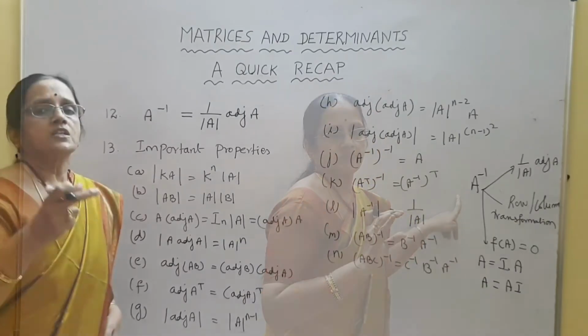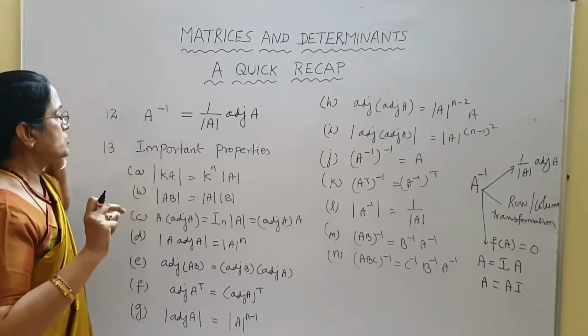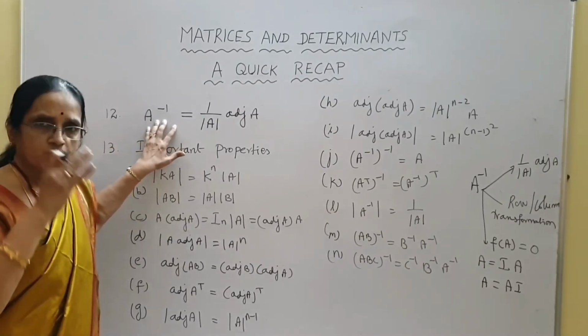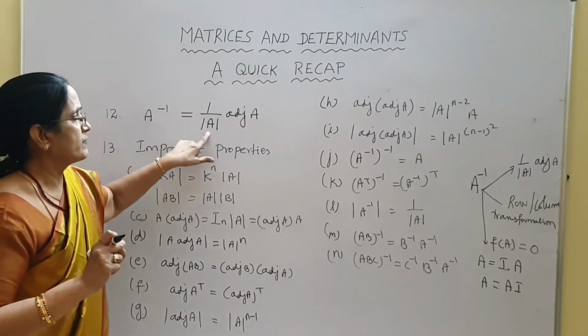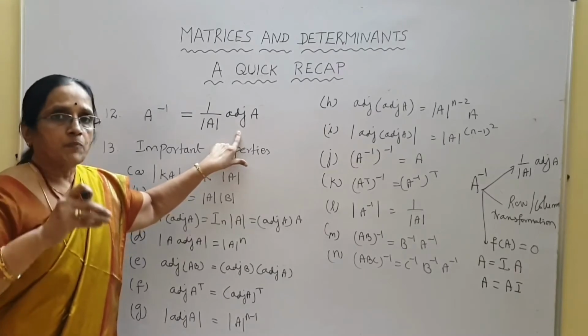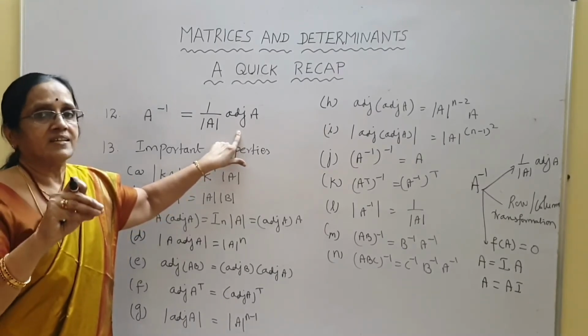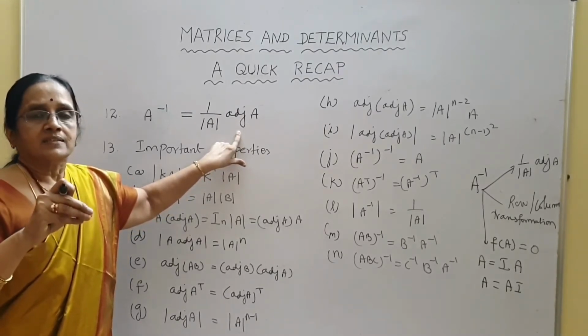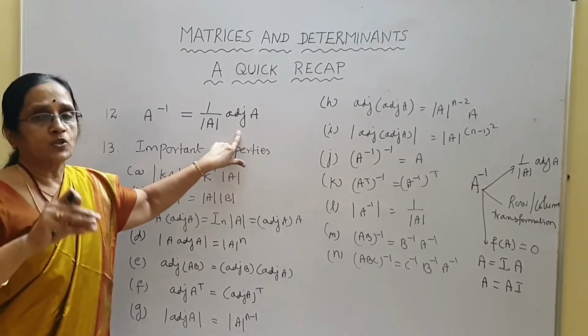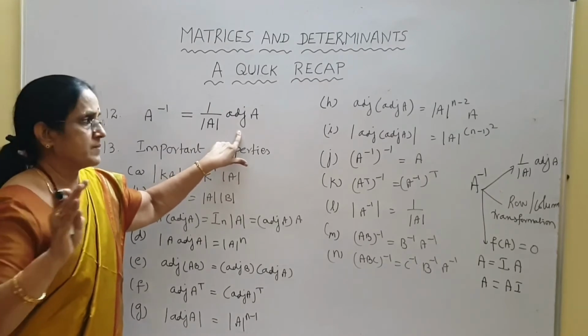If you use that method, it will be easy for you to find out A inverse. To sum up, if they ask you to find out A inverse, the best method is to use the formula 1 by determinant of A into adjoint of A. Suppose they specifically mention a certain pattern, then you have to use only that particular type to find out A inverse.